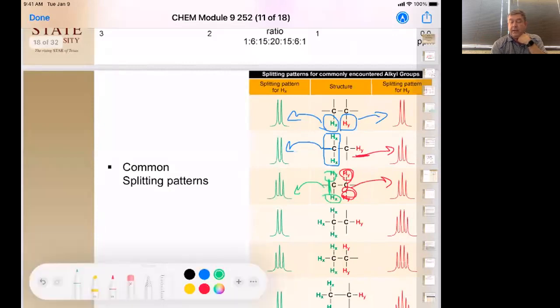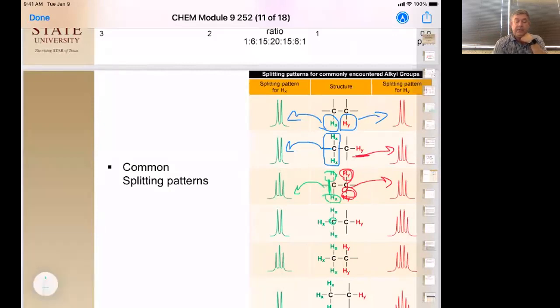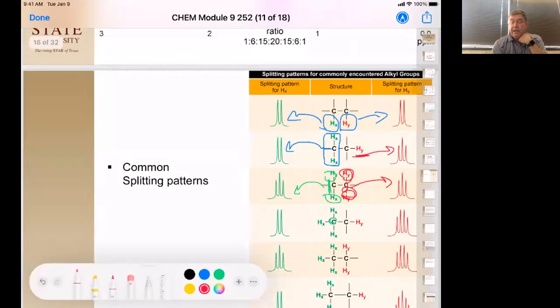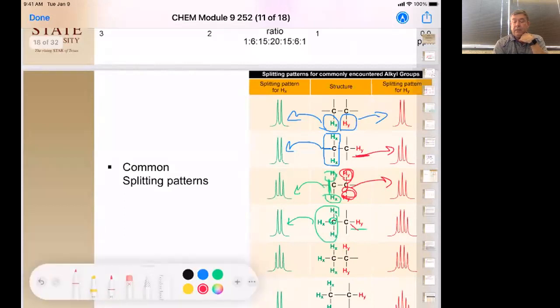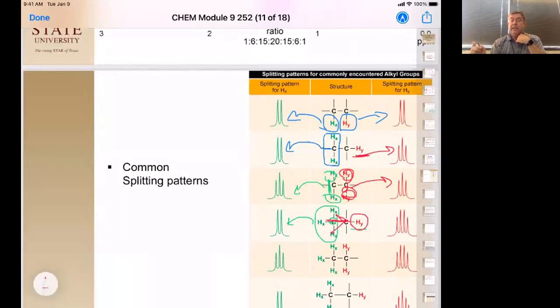So let's add 1 hydrogen to the green side and take 1 hydrogen away from the red side. These 3 hydrogens here are equivalent and next to 1 hydrogen, so we get a doublet again. We have this hydrogen, but it's got 1, 2, 3, so 1 plus 3 is equal to 4. We get a quartet.